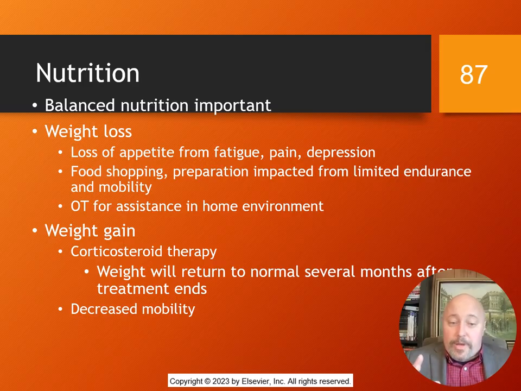Remind the patient that the weight will return to normal several months after that treatment ends. Especially in the case of females, we want to make sure they're aware of the reason they're on this medication and ways to minimize that weight gain. That's going to go a long way because especially when they start gaining weight taking it, they may just stop taking it entirely.